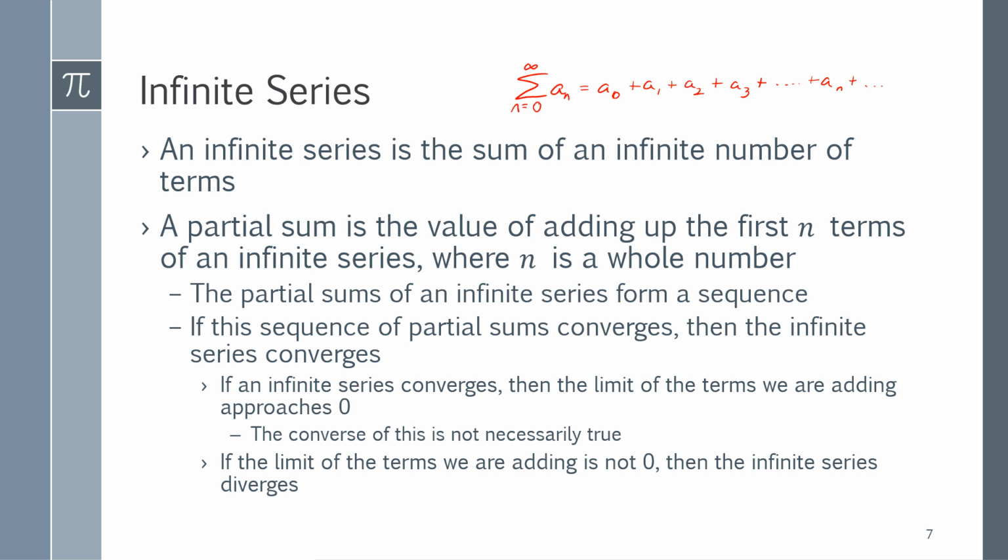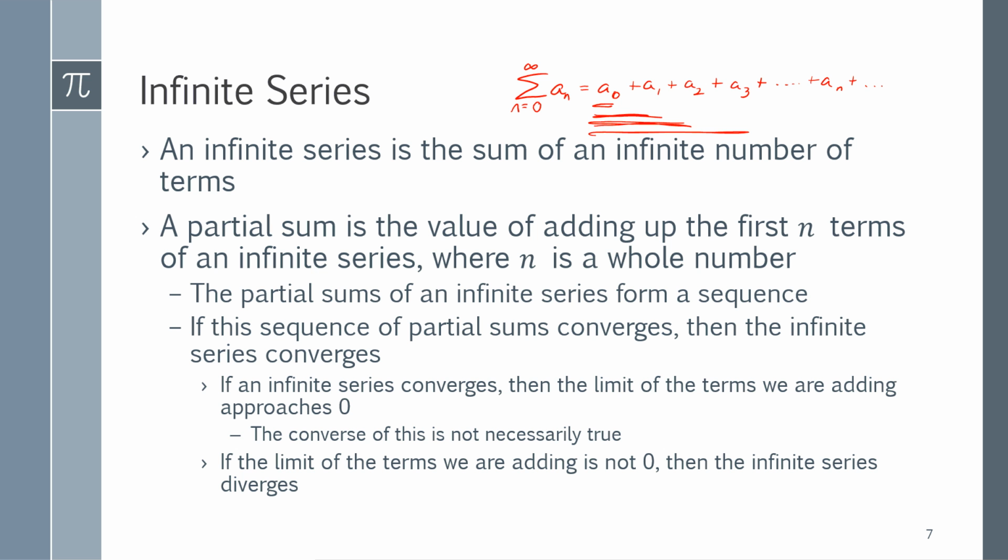The relationship is actually that if I do the partial sums of an infinite series, so if I add, say, the first term, that's one partial sum. The first two terms, that's a second partial sum. The first three terms, that's a third partial sum. The first four terms, that's the fourth partial sum.